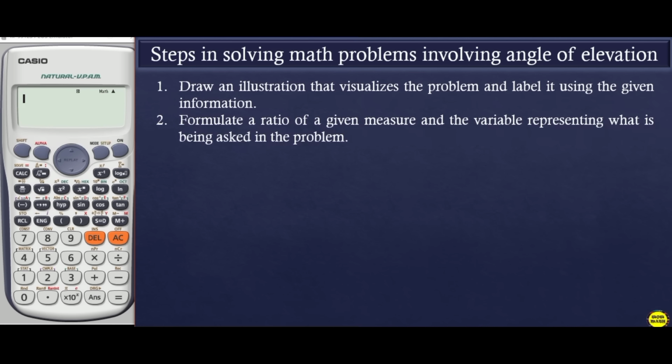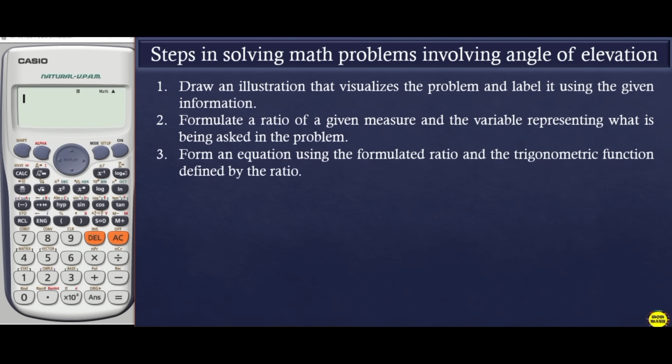So, dapat ma-identify natin kung ano yung mga given natin sa problem. Now, from there, we can now form an equation using the formulated ratio and the trigonometric function defined by the ratio. So, makakapag-form ka na ng equation which will lead you to the solution.